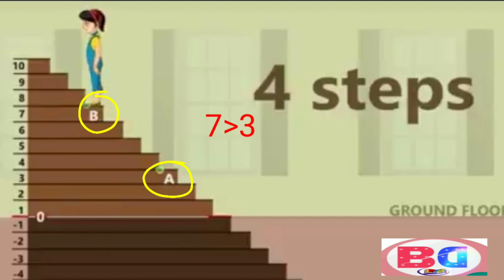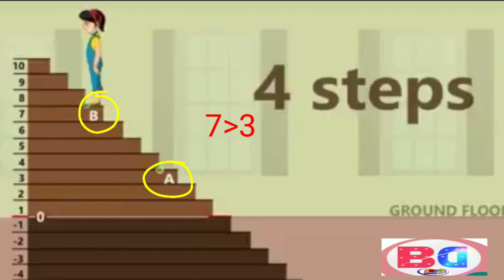You can observe from the given figure that position B is higher than position A, so 7 will be greater than 3. So in an easy way we can understand the comparison between two integers.